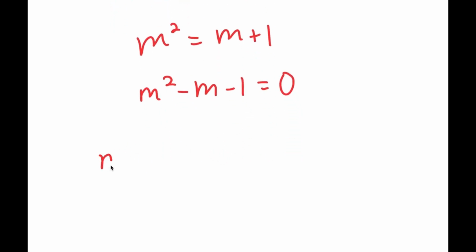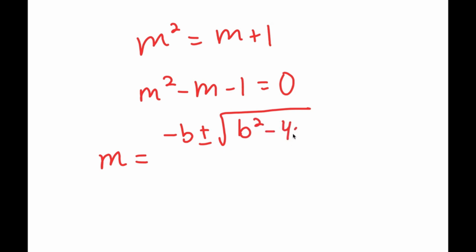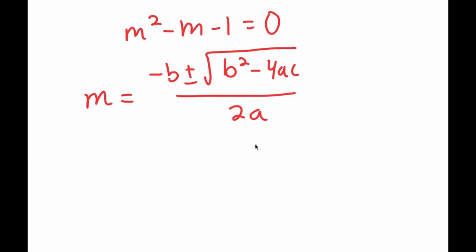Now I'm going to use the quadratic formula to solve this. So the quadratic formula is negative b plus or minus the square root of b squared minus 4ac all over 2a. So in this case, a is 1, b is negative 1, and c is negative 1.